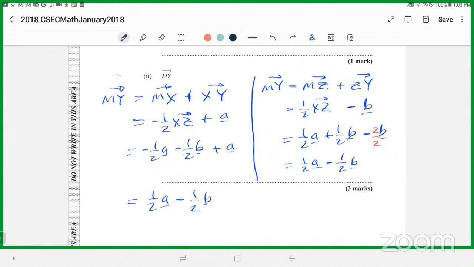In this case, I'm using X as an intermediate point. In this case, I'm using Z as an intermediate point. Over here, I went from M to X first, and then from X to Y. Over here, I went from M to Z first, and then from Z to Y. The end result, which is a resultant vector, is the same.